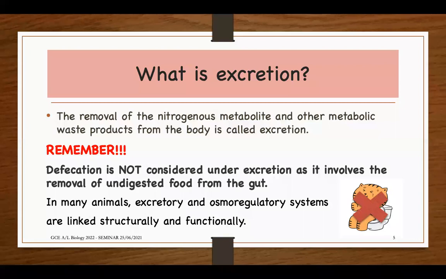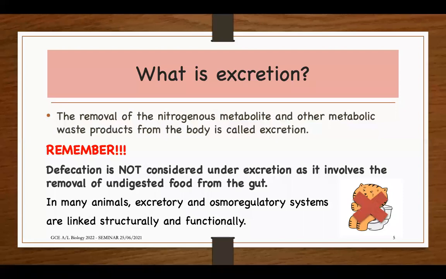So, why have they said nitrogenous metabolite and other waste products? In the definition itself, there are two parts: removal of nitrogenous metabolite and other waste products. The reason is, children, in our body, when there is excess nitrogen, those products like ammonia, urea, and uric acid are removed as nitrogenous excretory products because they have excess nitrogen. But urine is not the only thing that is excreted from our body.